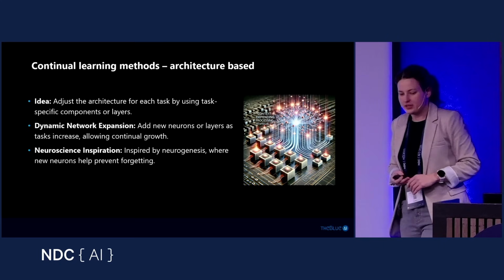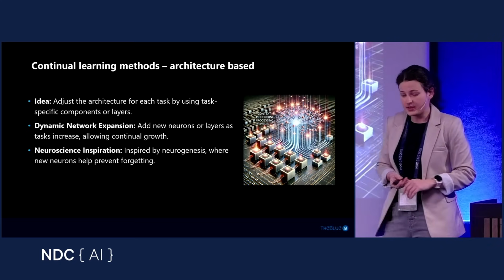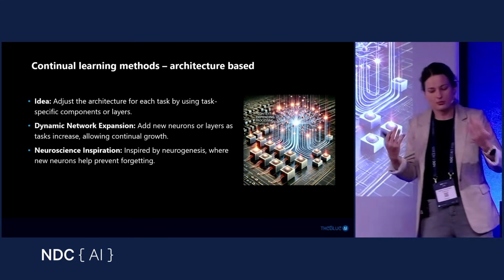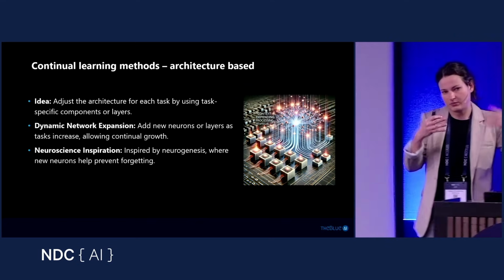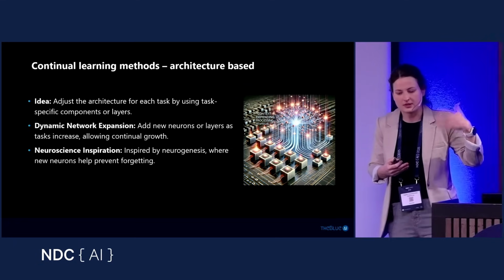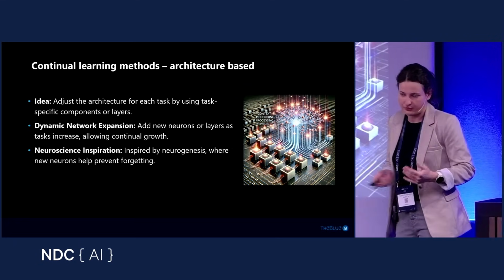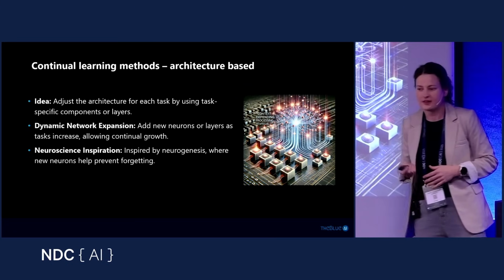The inspiration here is connected with the neurogenesis process, where the brain, especially in the hippocampus, is creating new neurons in the area when we're learning new tasks, so that it still helps against forgetting what we already know.